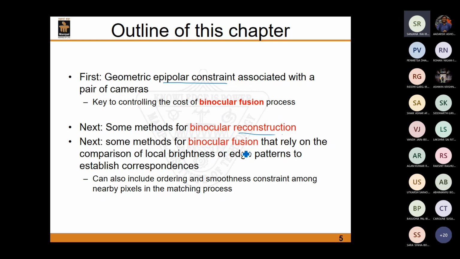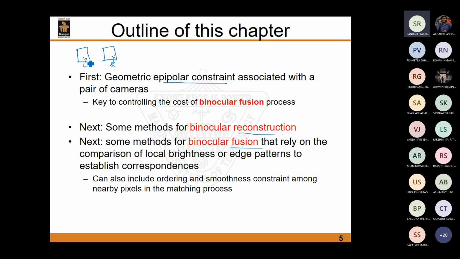Another term that you need to be familiar with is binocular fusion. If you remember, the first step was trying to find point pairs, right? Given a 2D image with, let's say, a particular point P, let's say this is the left image and this is the right image, and you have another point over here, given by P dash.